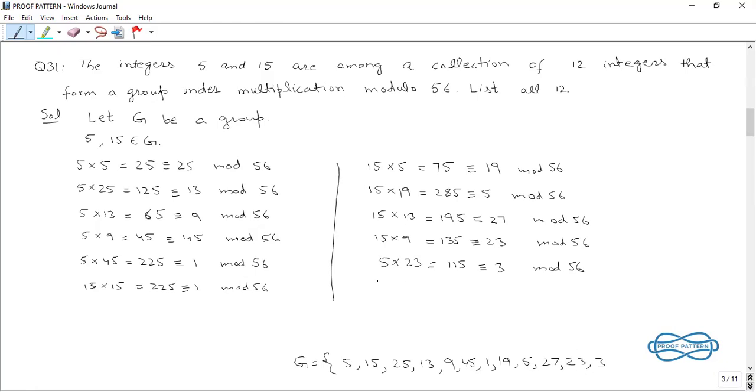And the last element is 5 multiplied by 19, which is 95, which is congruent to 39 mod 56. Okay, we can see that this 5 is written twice. I was wondering why we got 13 elements. So there are 12 elements in G.